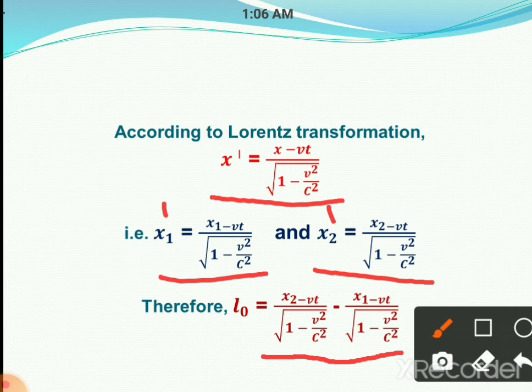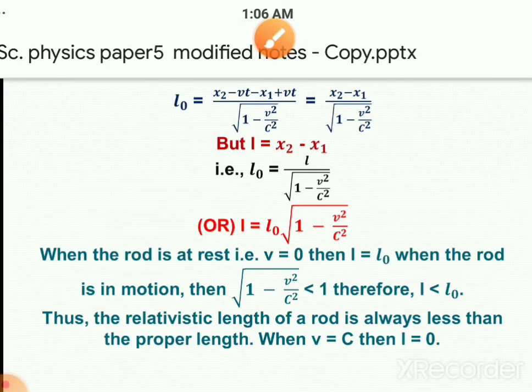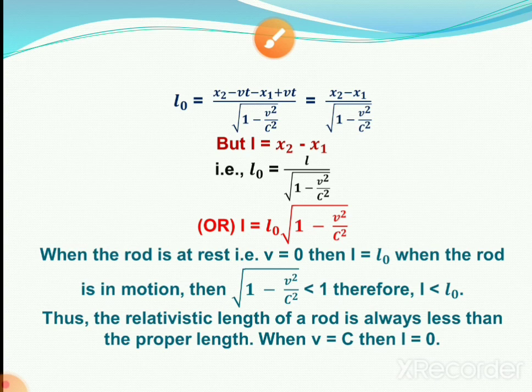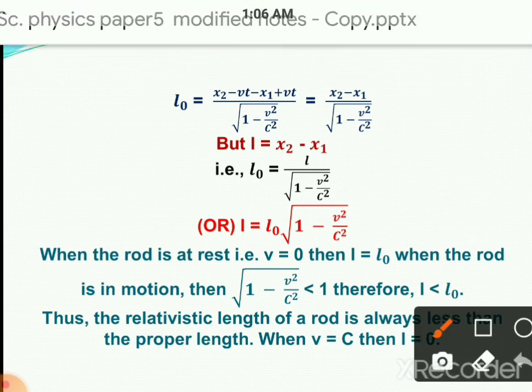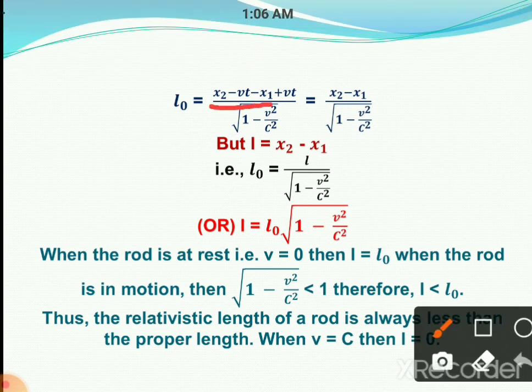The square root of 1 minus v square by c square is the common factor, and we simplify. We get L0 is equal to x2 minus vt minus x1 plus vt, divided by the square root of 1 minus v square by c square. Minus vt plus vt cancel with each other. What are the remaining terms? x2 minus x1 divided by the square root of 1 minus v square by c square.